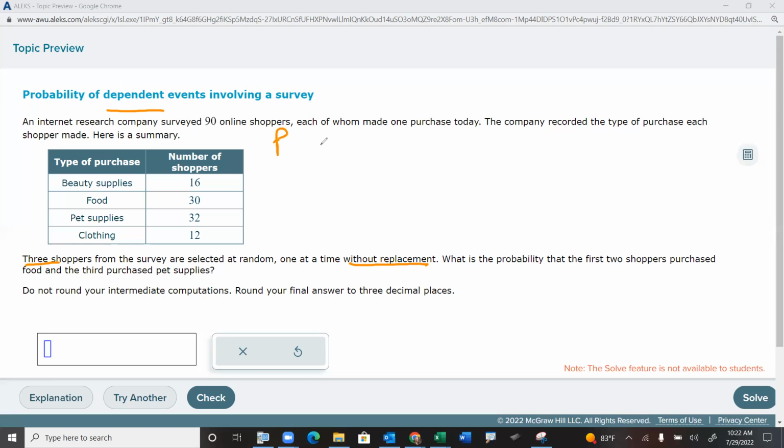So probability of food and food and pet supplies. Okay. So that'll be this and this and this.